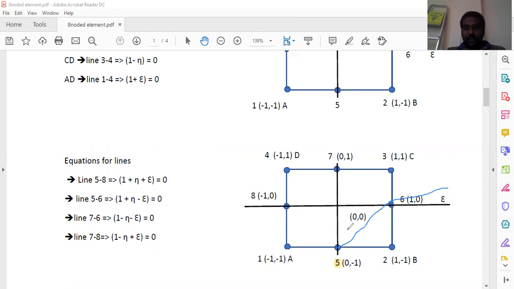So for 5, 8 we have written 1 plus eta plus zeta equal to 0, and for 5, 6 we have written 1 plus eta minus zeta equal to 0. Then the line 7, 6 equation we have written, and then line 7, 8 equation we have written. So the 4 diagonal line equations we have written over here.